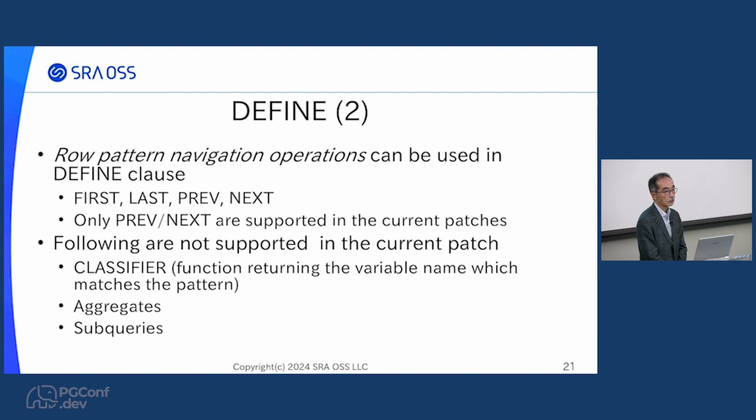There is another function called next. Obviously, this has the opposite meaning to previous. And also, there are first and last functions in the standard. For now, in the patch, I only implemented previous and next.